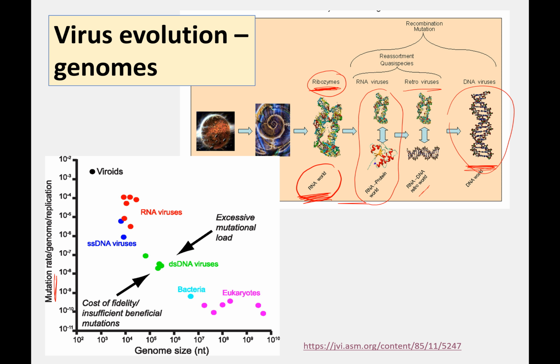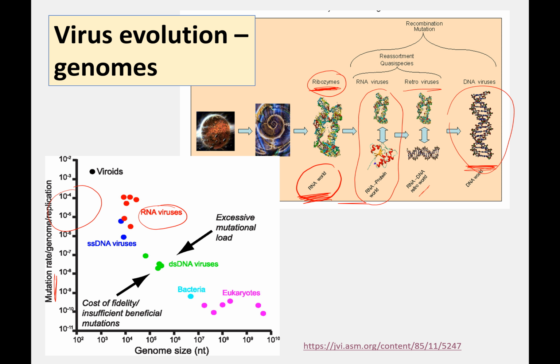Well, there are RNA viruses that have a very high mutation rate, viruses like the flu, influenza. The reason you have to get a shot every year for influenza is because it constantly changes.